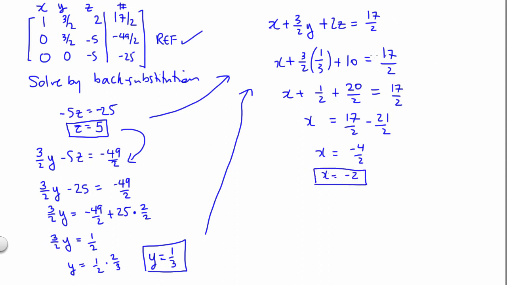So you could do this algebra here as quickly or as slowly as you like, it's up to you, but you should find the value x equals -2. So we have now solved the system. The values of x, y, and z are -2, 1/3, and 5.